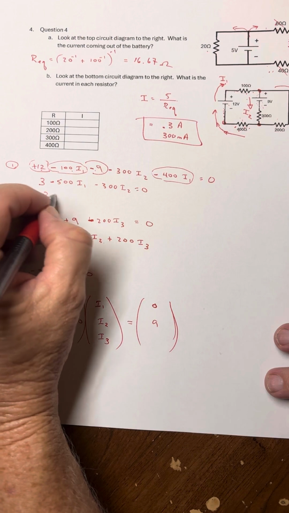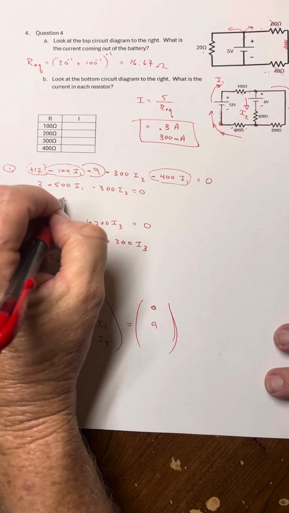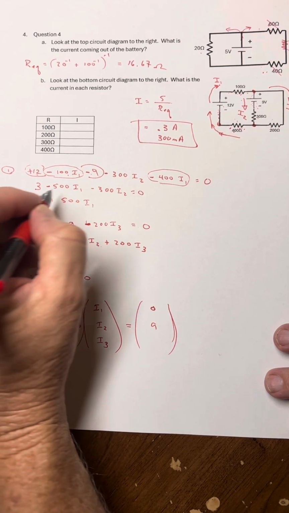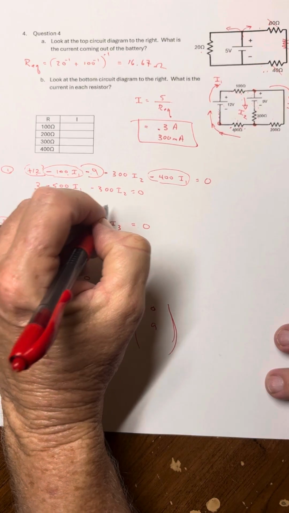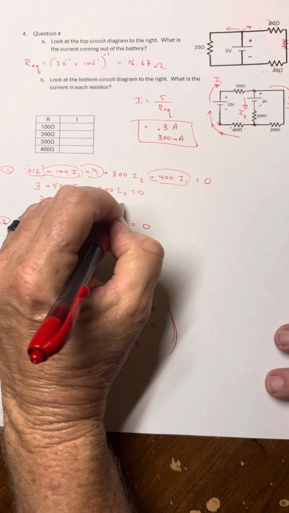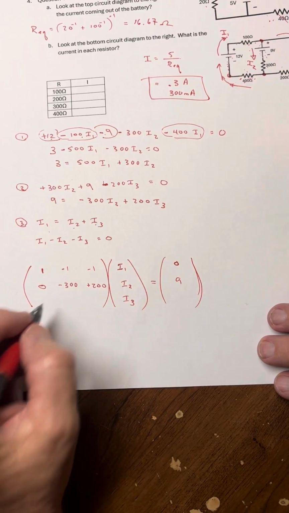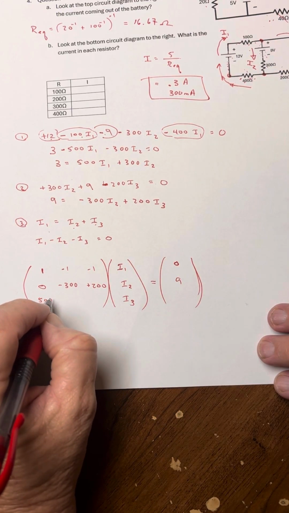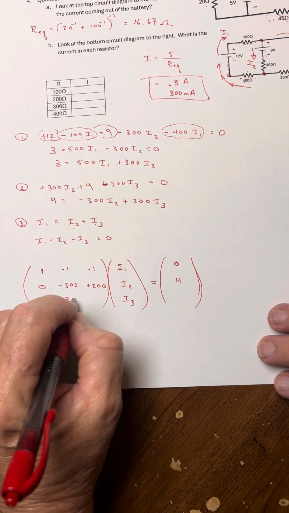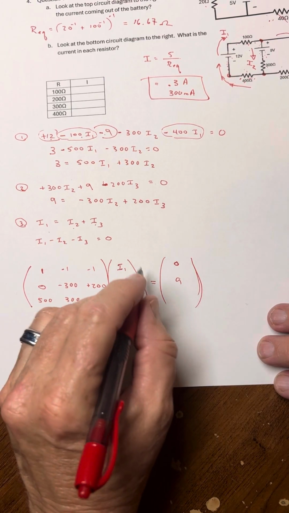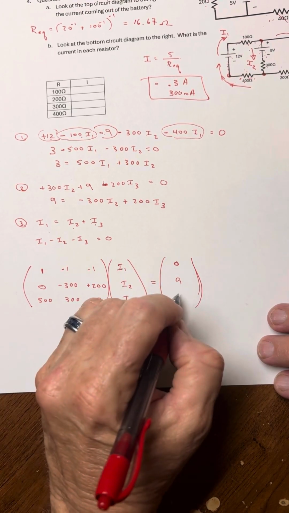And maybe I'll leave the 3 on this side and put the 500 I1 on the other side, and the 300 I2 also on the other side. So that this would be 500, 300, 0 equals 3.